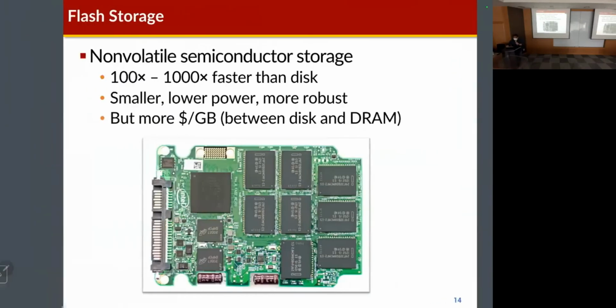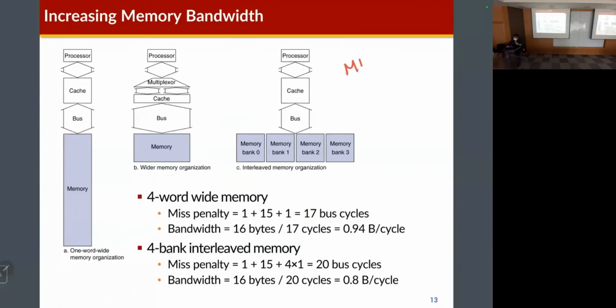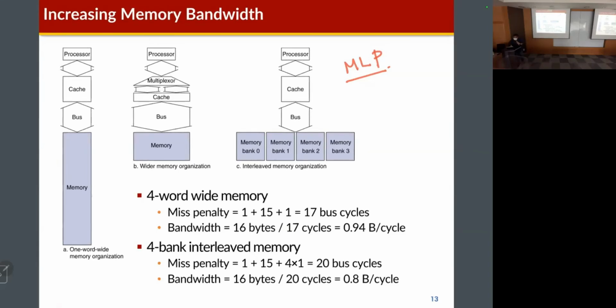This is also important. This is called memory level parallelism. So what does it mean? The memory bandwidth is very important, but usually the performance of the memory is lower than the performance of the processor.